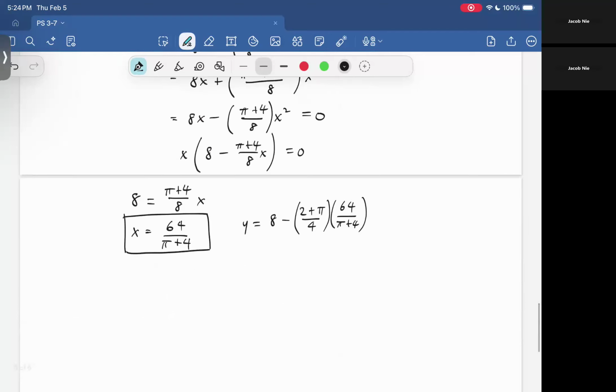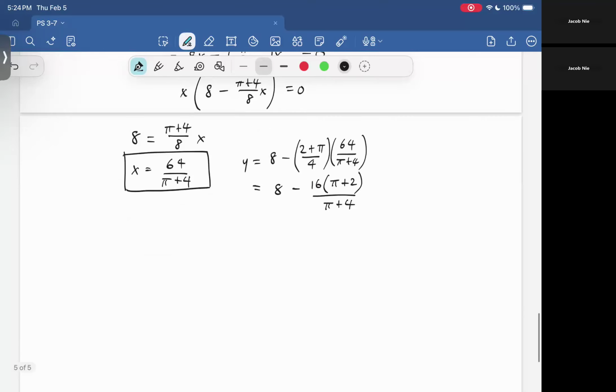And that'll give us 4 cancels out with 64, gives us 16. If we reduce this to a single fraction, 8 pi plus 32 minus 16 pi minus 32 pi plus 4.